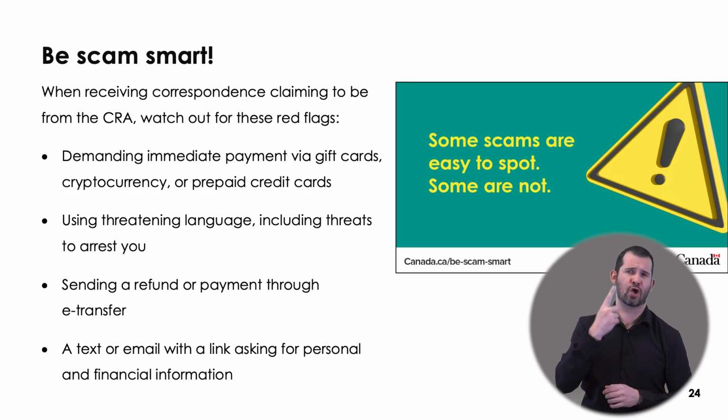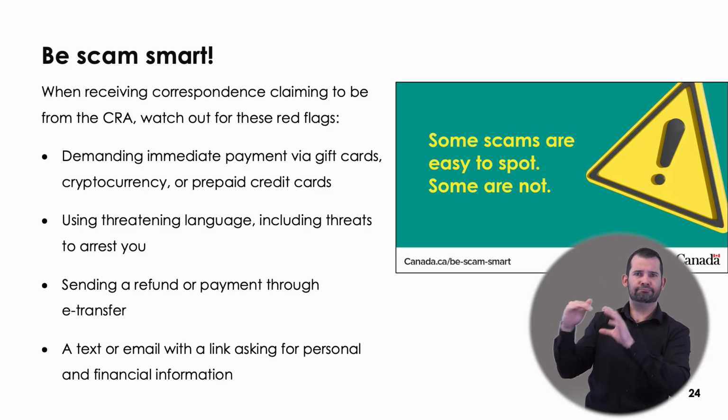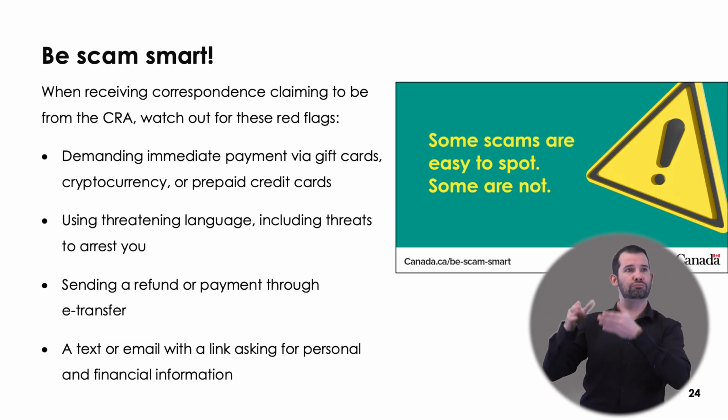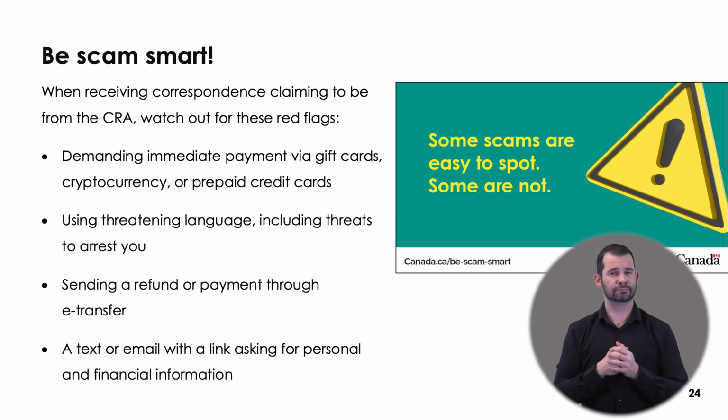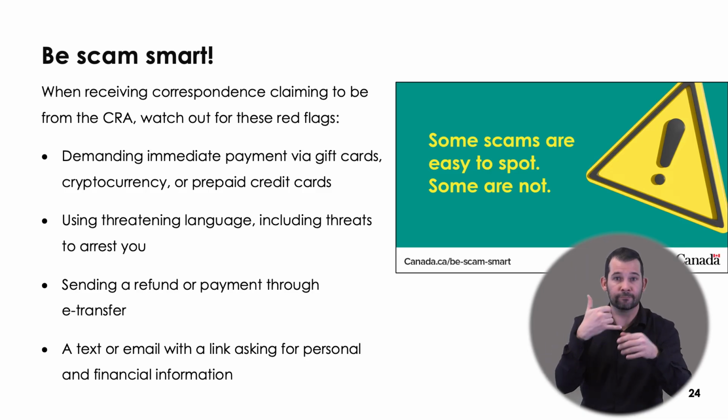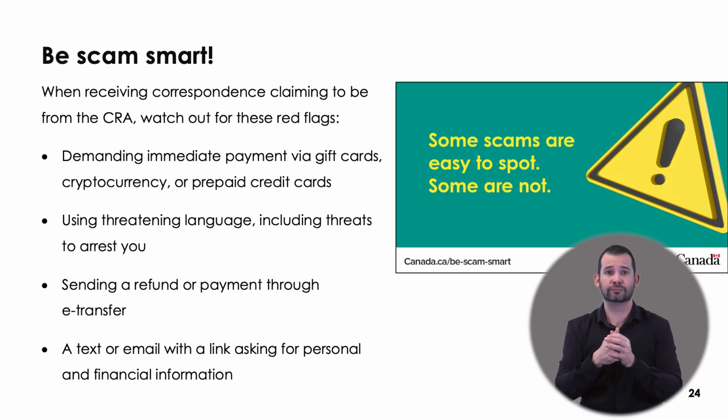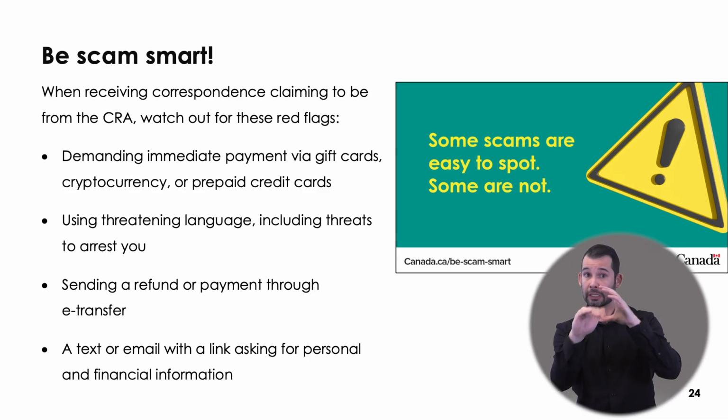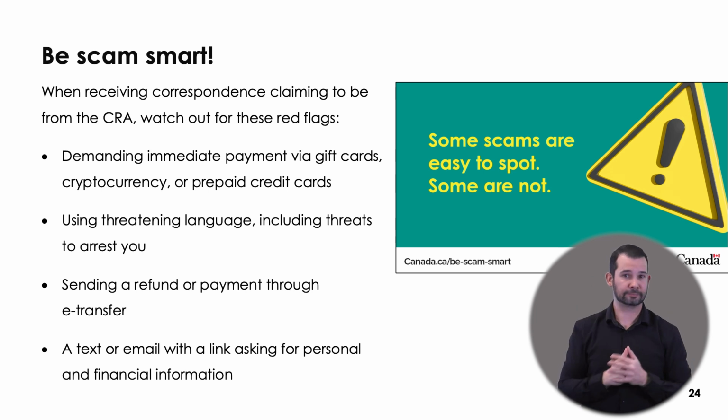You should always be cautious if you receive correspondence or calls claiming to be from the CRA. Scammers imitate the CRA to try to steal your personal information by targeting you by telephone, text, instant messaging, email, or mail.